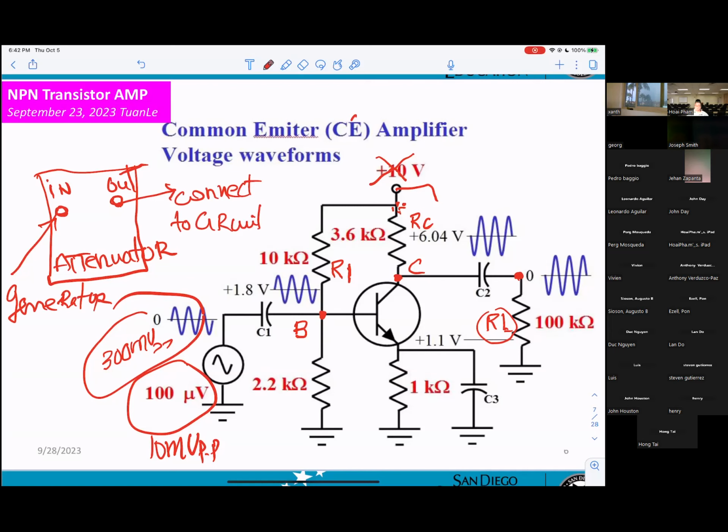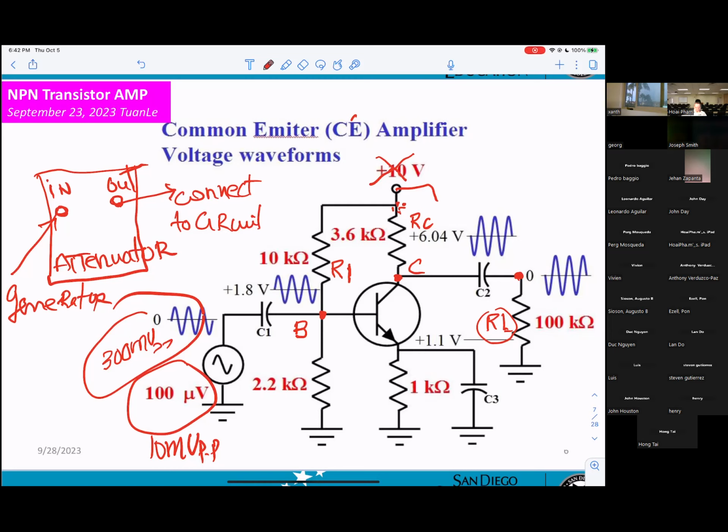Inside here, the attenuator has a voltage divider. They divide it down and down and down to whatever you want, to reduce it, right? So that's why, when the lab was built, they already knew for sure the generator cannot make 10 millivolt peak to peak.